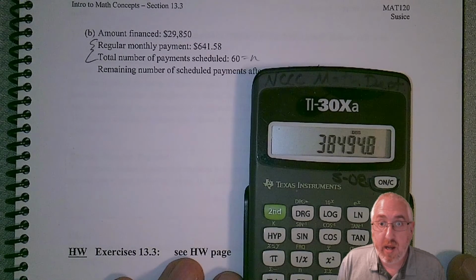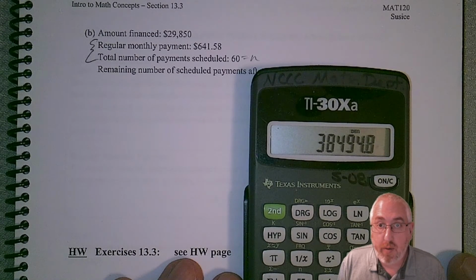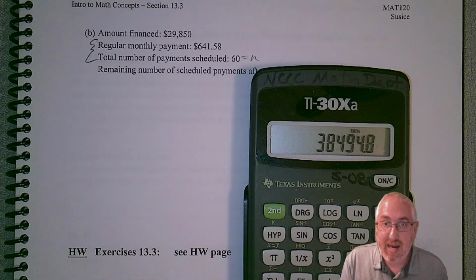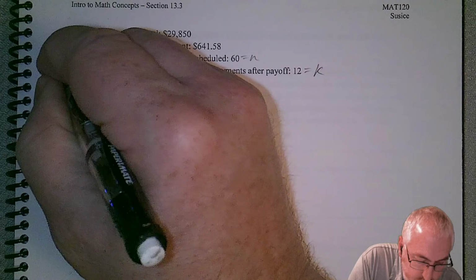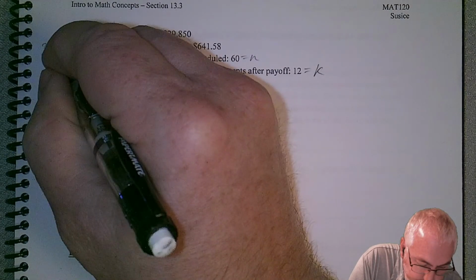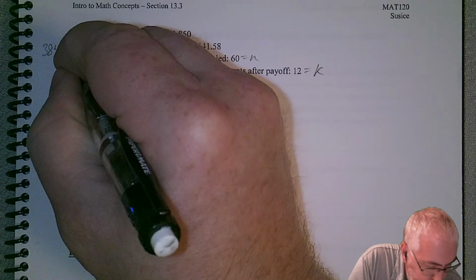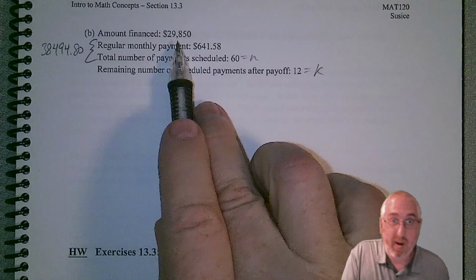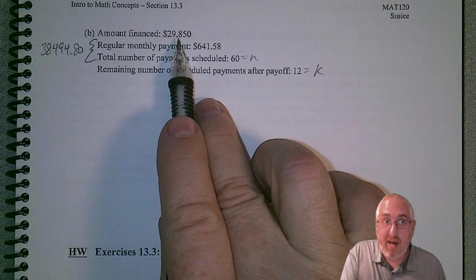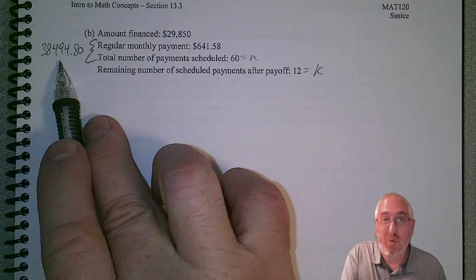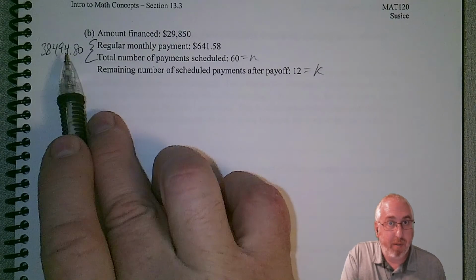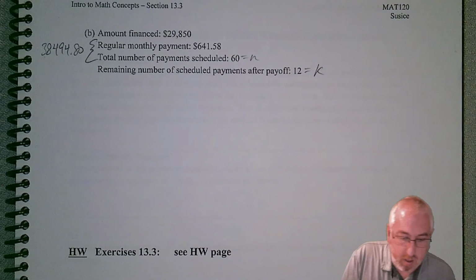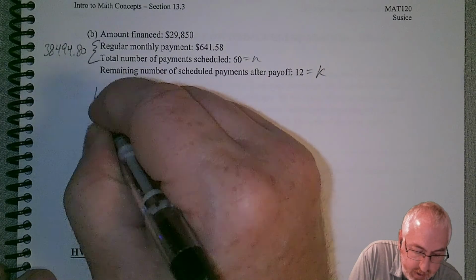$38,494.80. Wow. So again, you're borrowing almost $30,000, but you're paying back almost $40,000. So, ugh. So it might be beneficial to pay it off. Let's see. So we got to get our interest first.